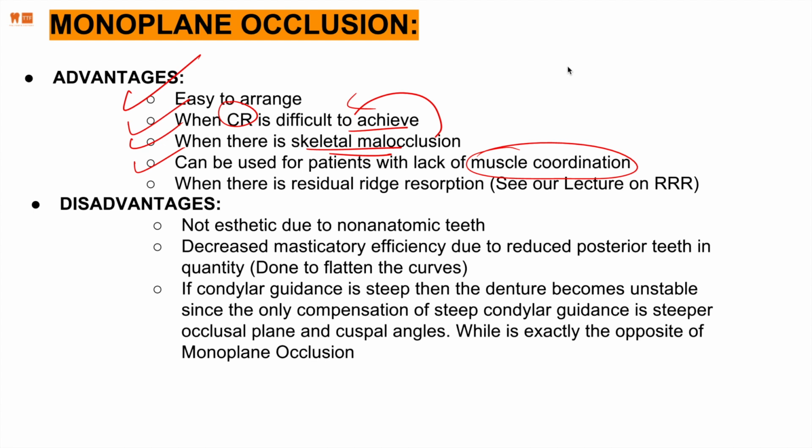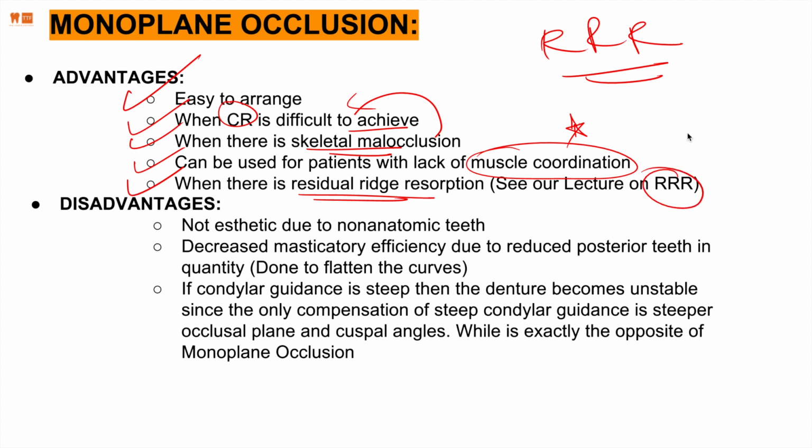People who can chew better generally have better muscle coordination. But if a patient has lack of muscle coordination, then we can't give them steep cusps. They're going to have a hard time. That's when we give monoplane occlusion. When there is a residual ridge resorption, and of course, we'll make a separate lecture on it, but when there is a flatter ridge, then we need a flatter cusp, right?